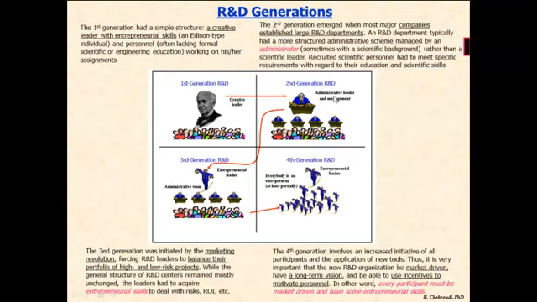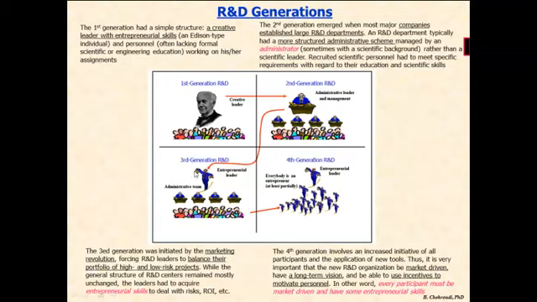In second generation, most major companies started establishing large R&D departments. These departments typically had a more structured administrative scheme, and they had an administrator, who sometimes had a scientific background, rather than the first generation's scientific leader. And here's a cartoon that says administrative leader and management.